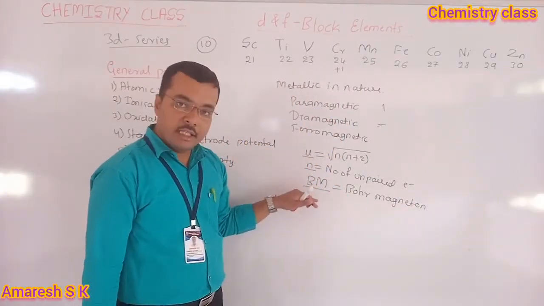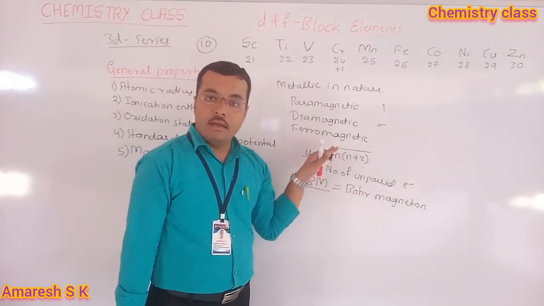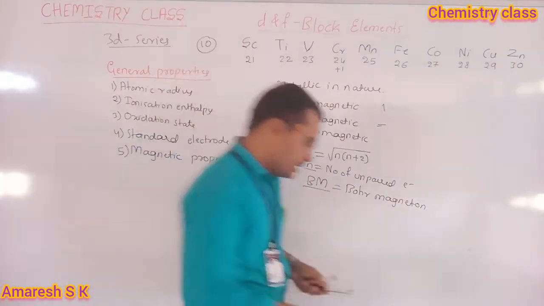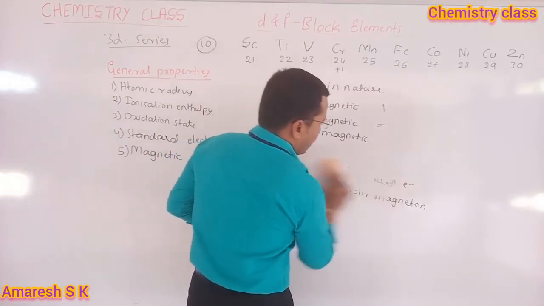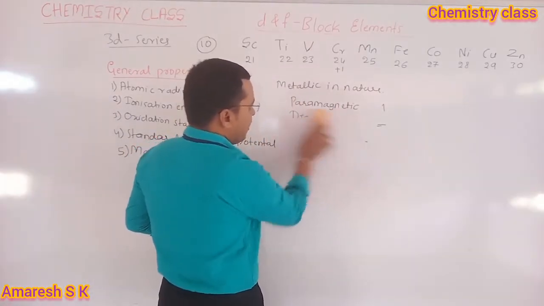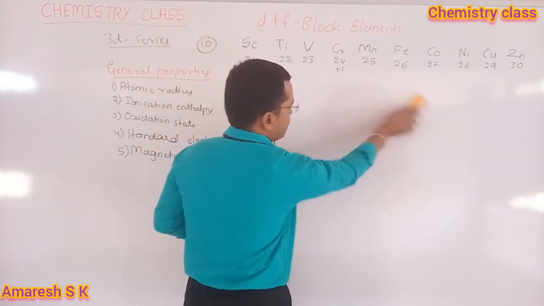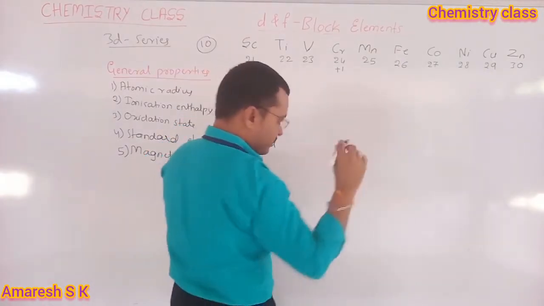By using this unit, we can calculate the magnetic moment of an element in the D series of metallic elements. Next, we can calculate the magnetic moment for some of the elements. First example, nickel.